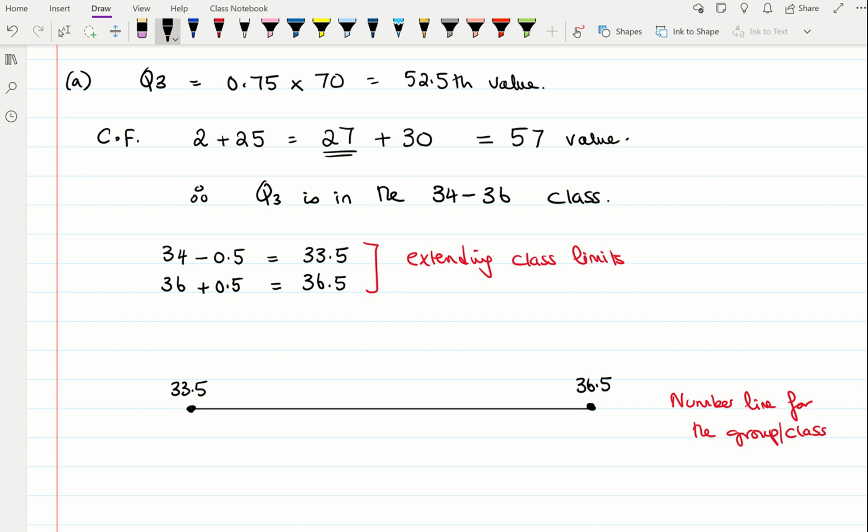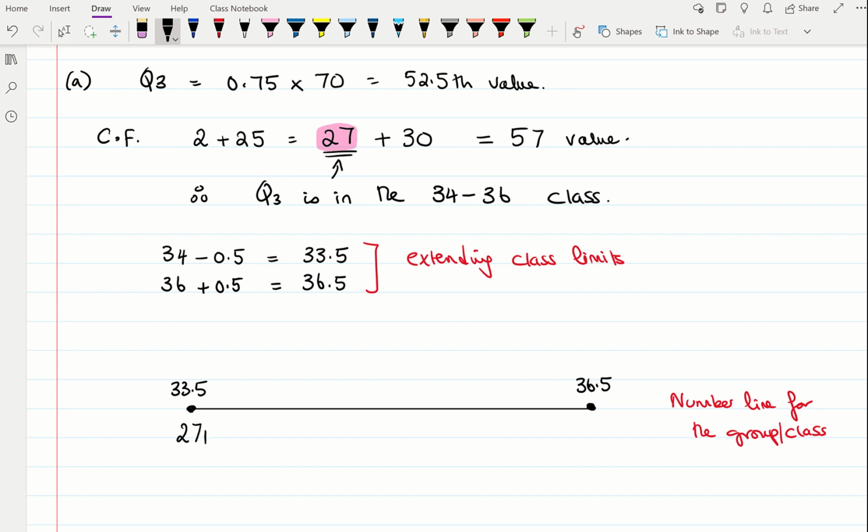And we know that the upper quartile is somewhere on the line. We also know that we start here. I know technically we start on the 28th value, but this is continuous. So we're going to start at the upper limit of the class before.